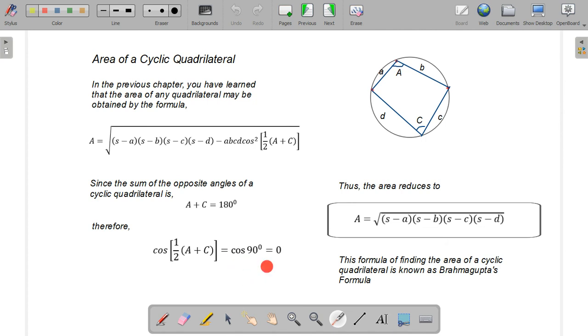And cosine 90 degrees is equal to 0. Thus, the area reduces to A equals the square root of (s minus a)(s minus b)(s minus c)(s minus d). So this term becomes 0. This formula for finding the area of a cyclic quadrilateral is known as Brahmagupta's formula. Okay, this is Brahmagupta's formula.